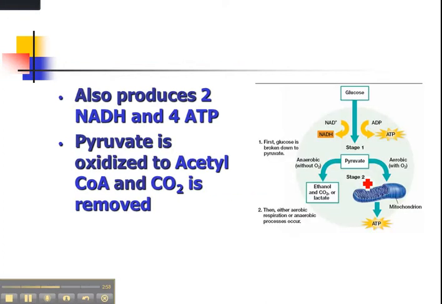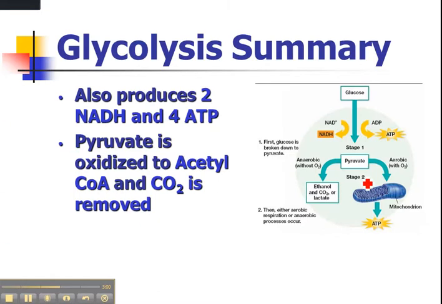It also produces 2 NADHs. If you remember, those are energy carriers. We're going to want those later in the electron transport chain. And it produces 4 ATP. So we had to put in some, but we gained even more. Pyruvate is oxidized. So oxidized is loss.